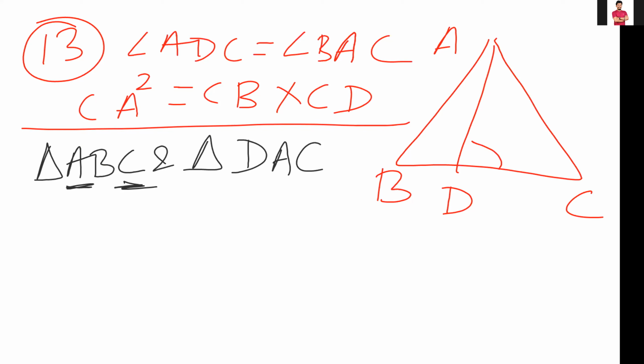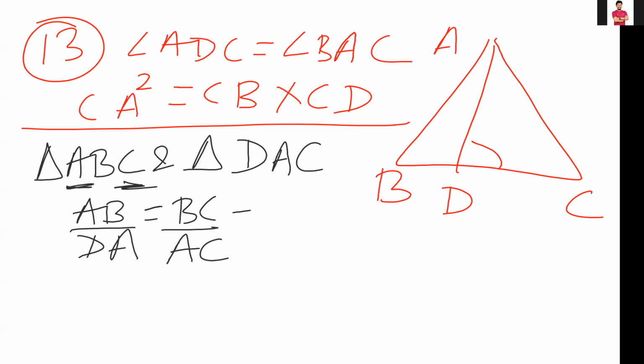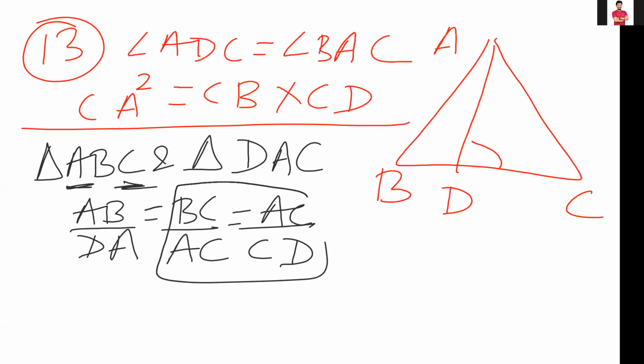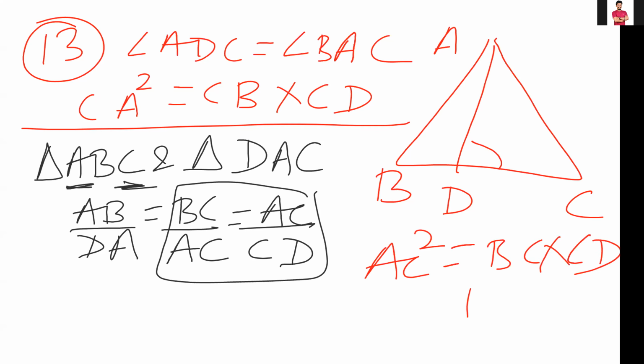Now the sides are proportional. So AB by DA equal to BC by AC equal to AC by DC. Considering these two, AC will become AC square. This will become BC into CD. Proved?